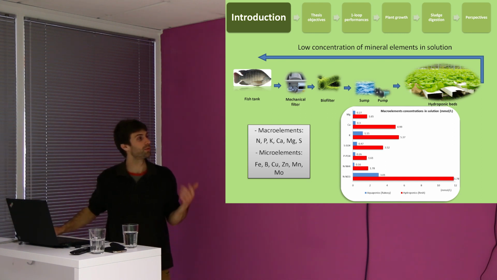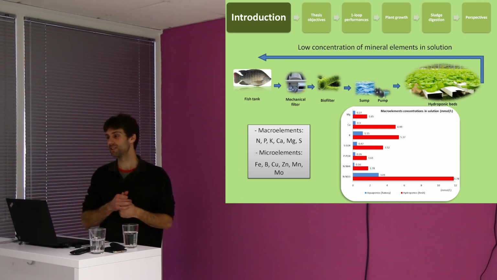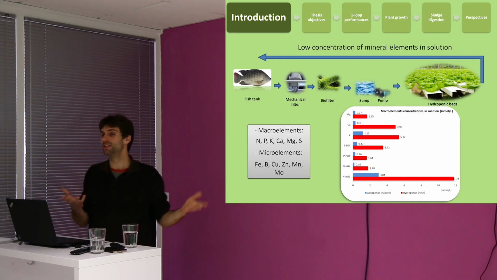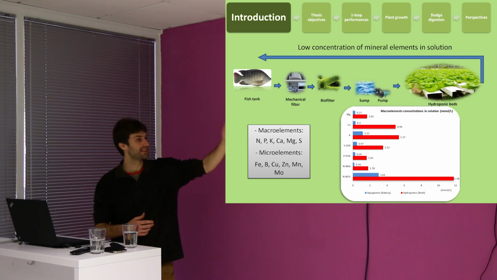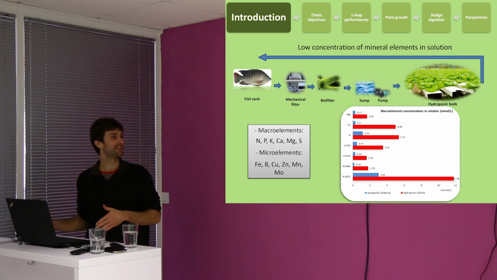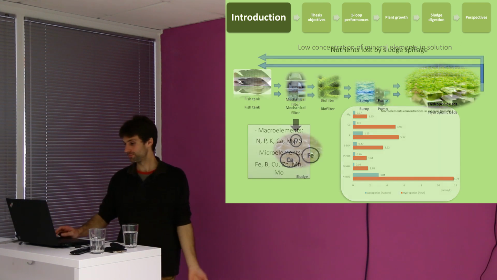And in blue, it's what you found in literature, which is already 10 years old, even more. It's the Rakocy literature. It's the best literature I found when I started my thesis. So you can see that the blue is very far from the target, especially phosphorus is very low, potassium, calcium. So that might be an issue.